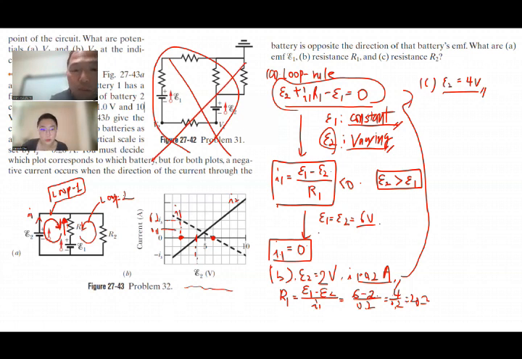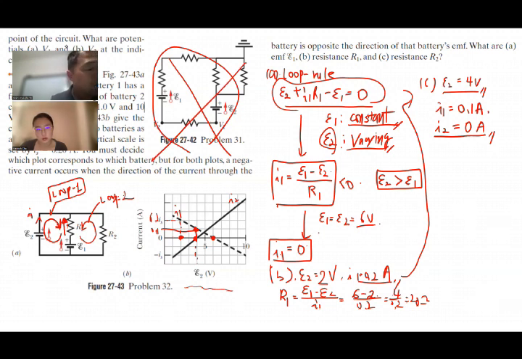So here's 0.1 right there. I1 is 0.1 amps, and I2 is 0. So we just randomly pick current values at an arbitrary point of E2 to find out R2.